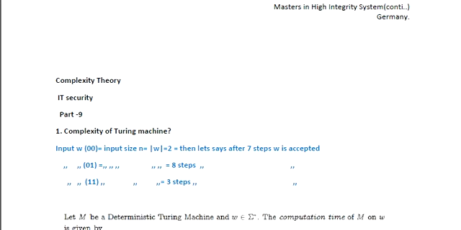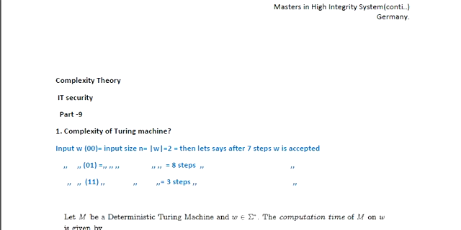In a similar fashion, for 1 we have input size n, and for 1 it will take 3 steps to accept the input. Now these are different cases.